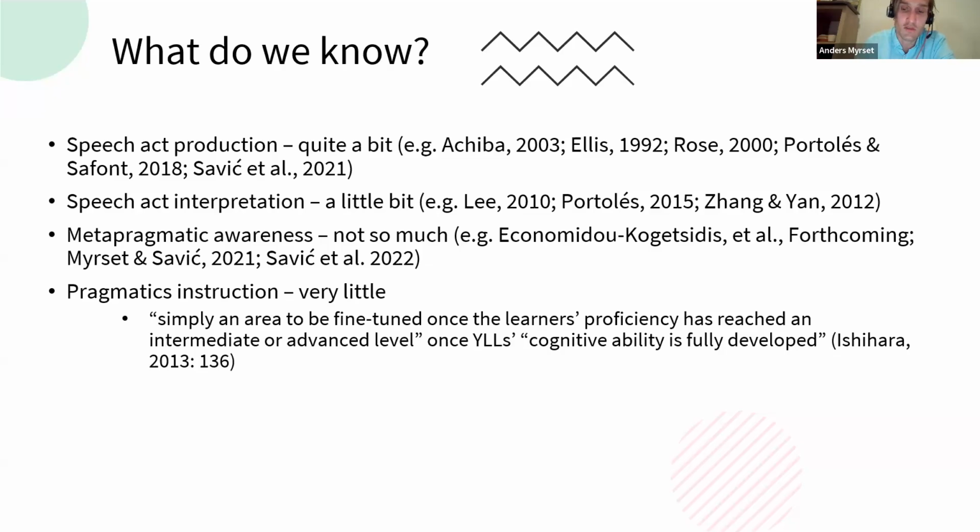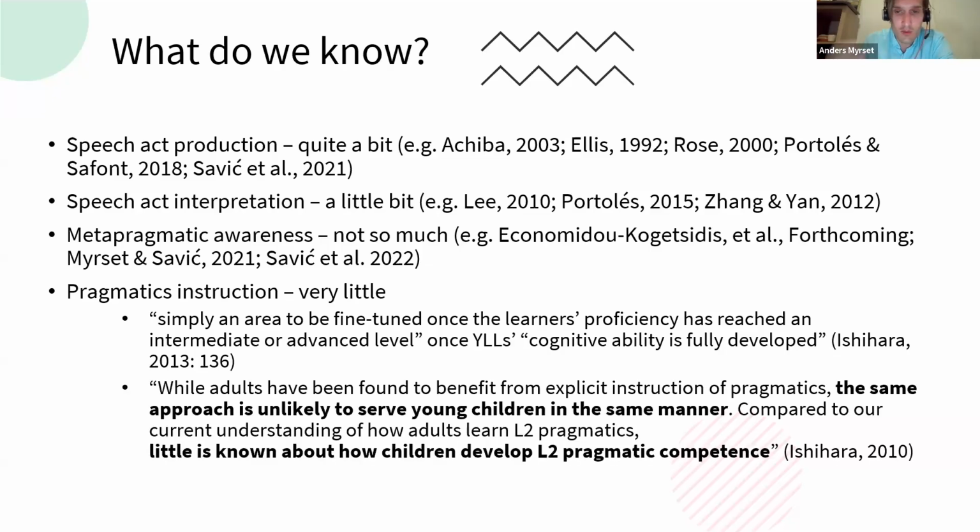And the same author, a couple of years earlier, I really like this quote because it shows how the field viewed pragmatics instruction at that time. So there was a lot of research that had been conducted with adults, mainly university students. And so we could make very firm claims about, okay, explicit instruction is the more beneficial, whereas when it comes to young children, it is unlikely.